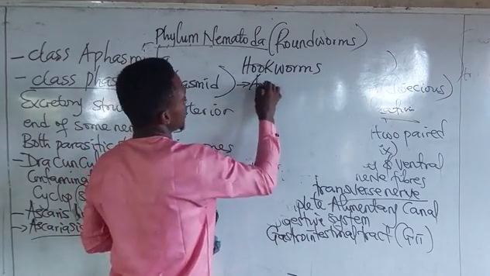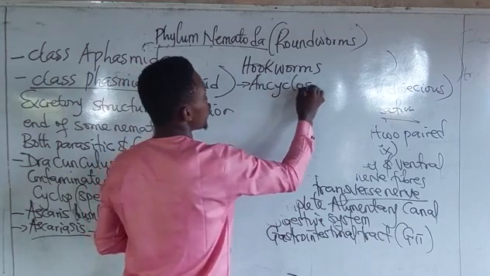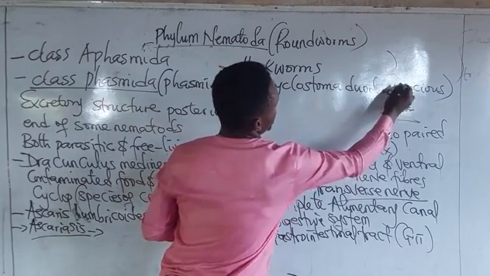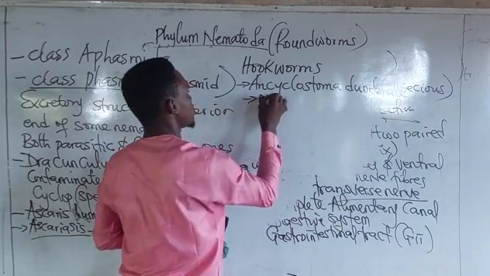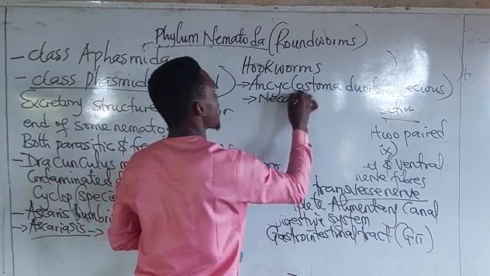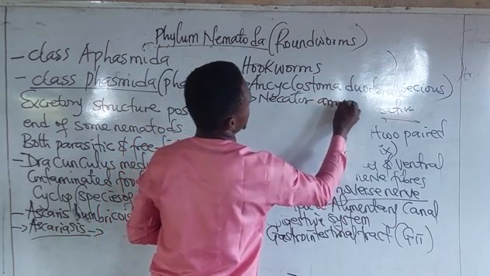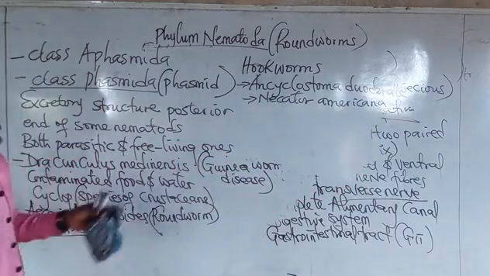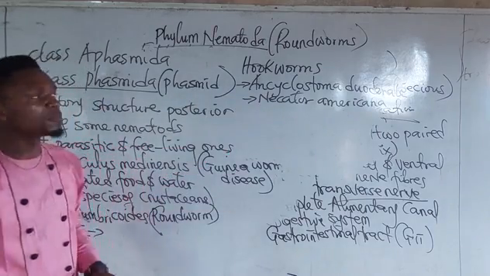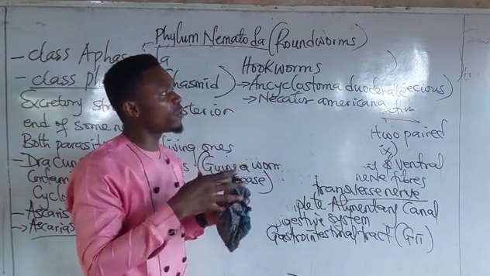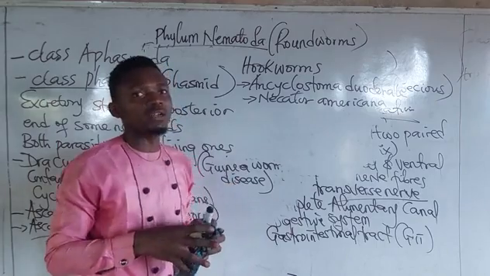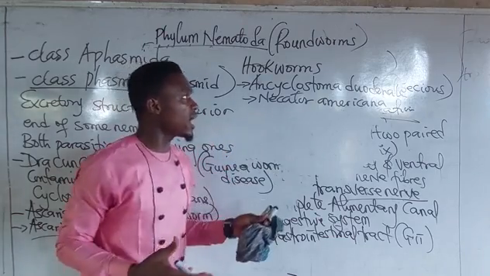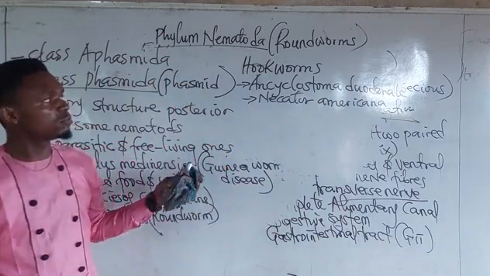These are Ancylostoma duodenale and Necator americanus. So these are the two species of what? Hookworms. They are water and foodborne organisms.